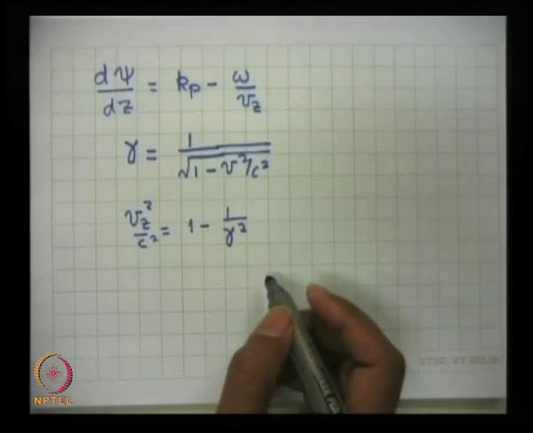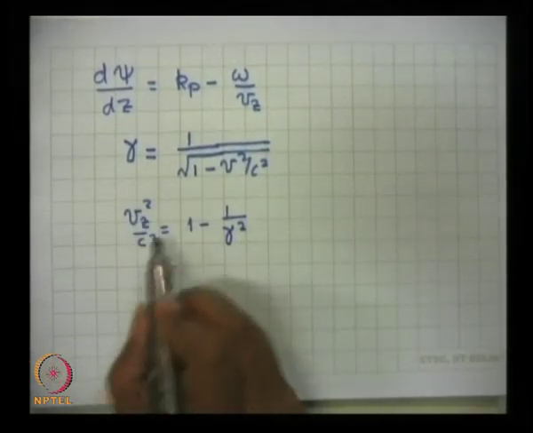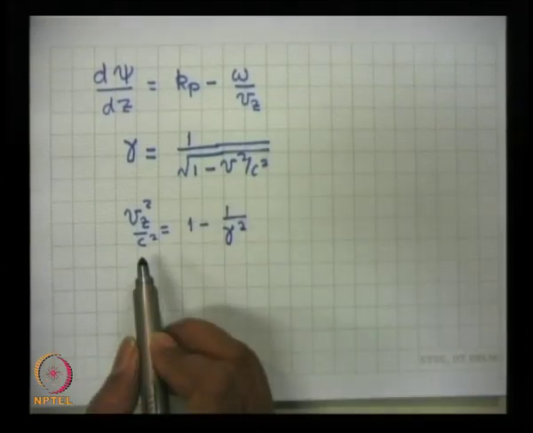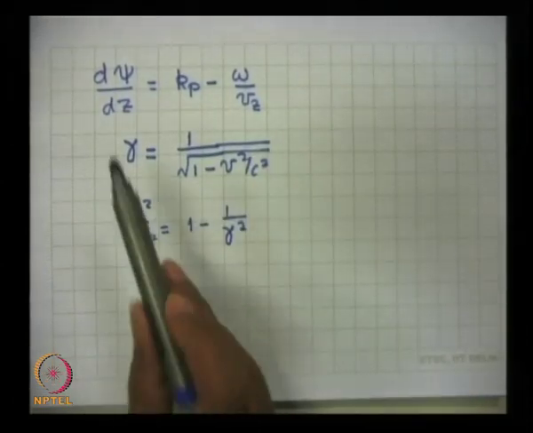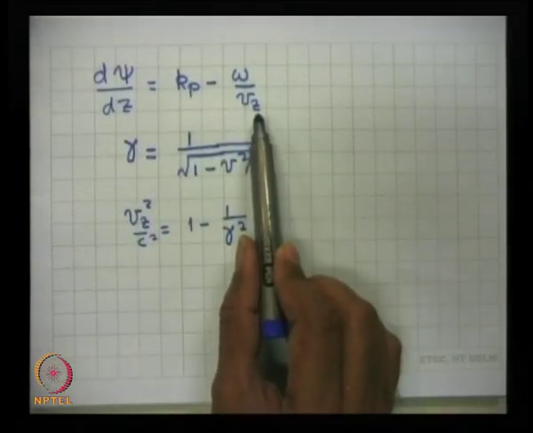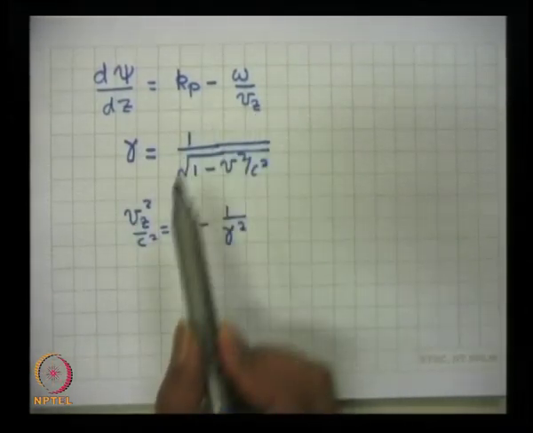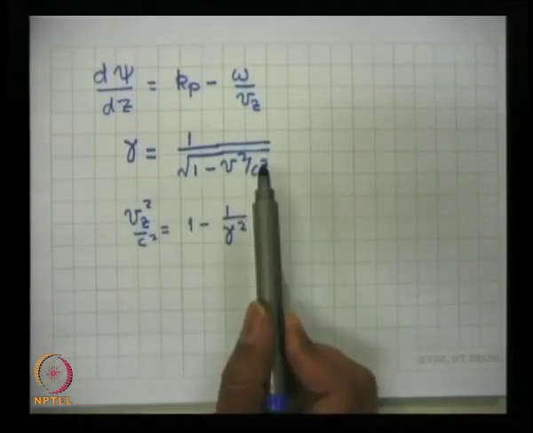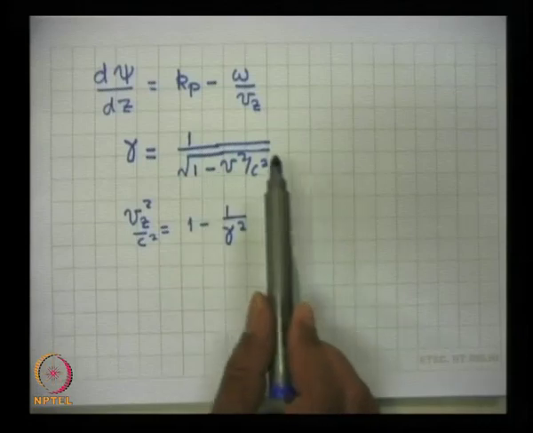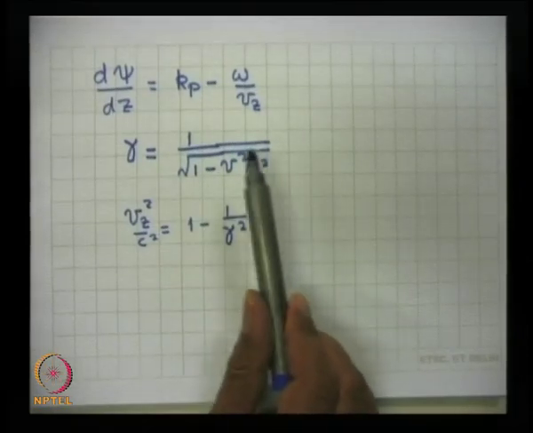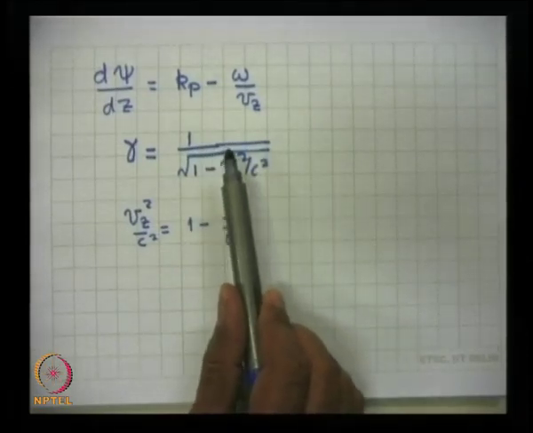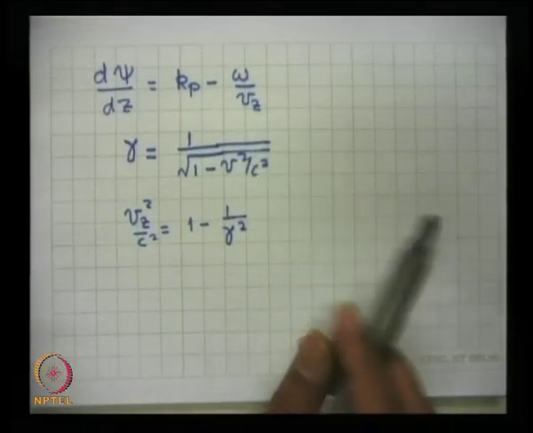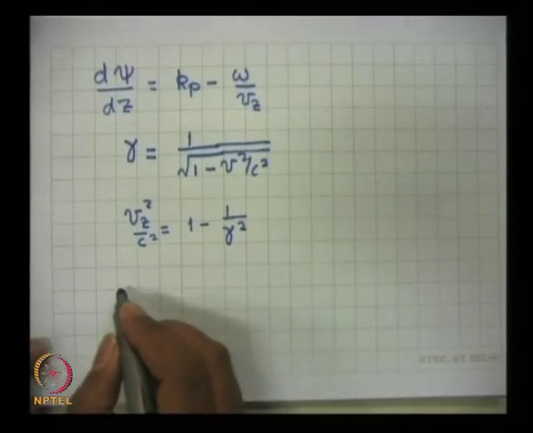What we are trying to do now: this set of equations involves gamma in a little complicated fashion. The equation for psi involves gamma through Vz in a complicated fashion, an under-root kind of thing will come there, and the equation governing gamma has cos psi on the right hand side. So, what we do is, if the energy transfer from the electron to the wave is rather weak or small, then I can define two interesting quantities.